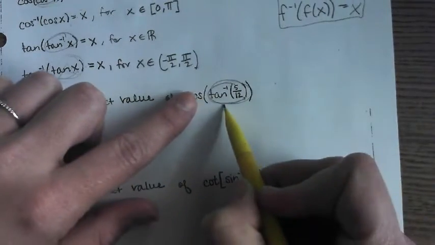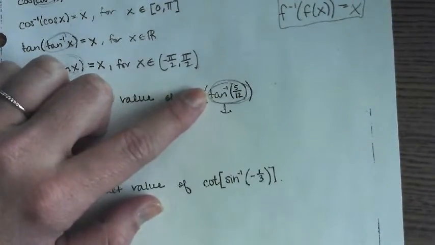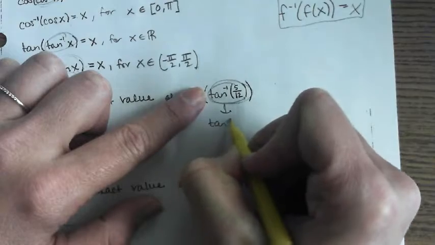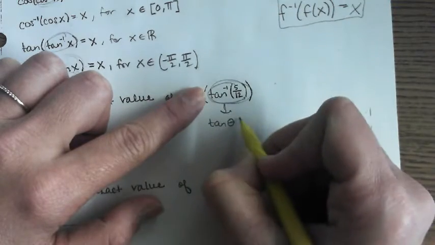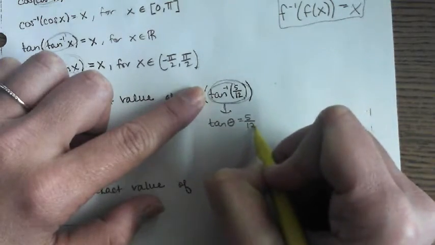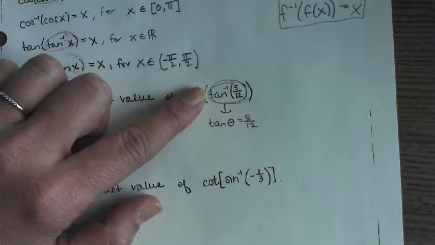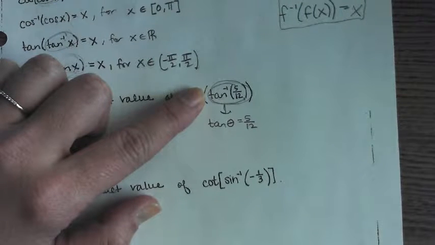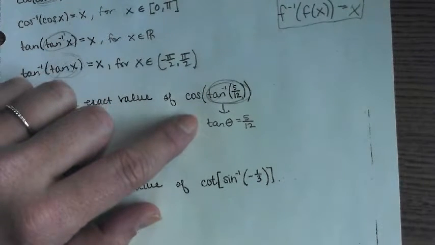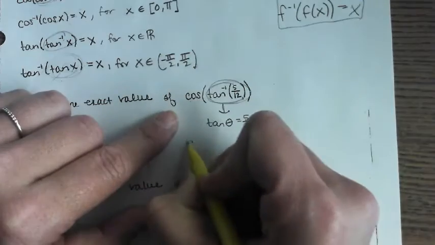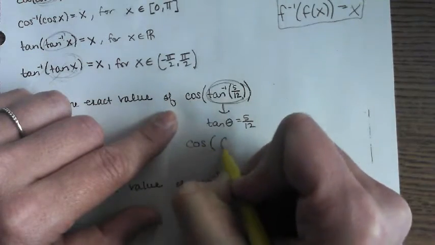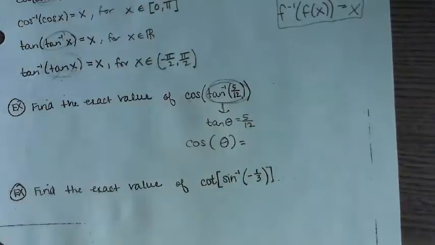When we're asked to come up with this, when you're working inside out, we are essentially asking the tangent of what angle is going to equal 5 over 12. We are never going to know what theta is. The good news is we don't care, okay? Because at the end of the day, they're not asking us for theta. They're asking us for the cosine of whatever that theta is going to be, and that we can do.